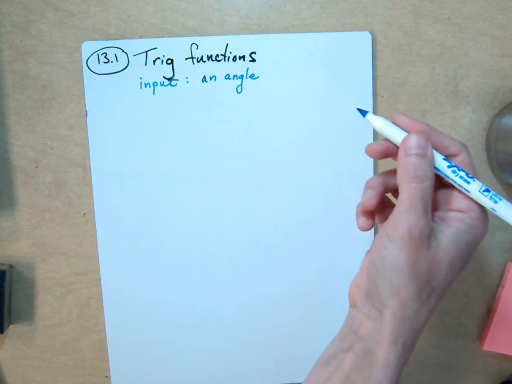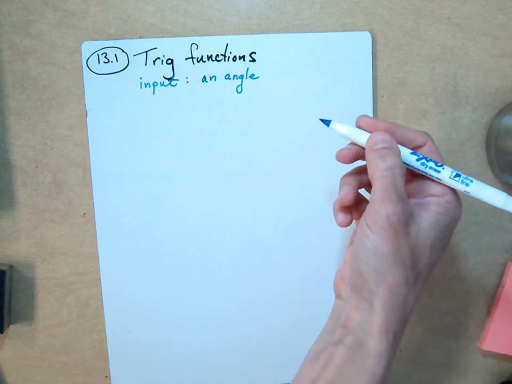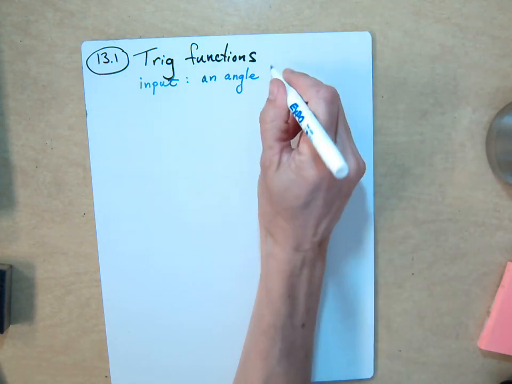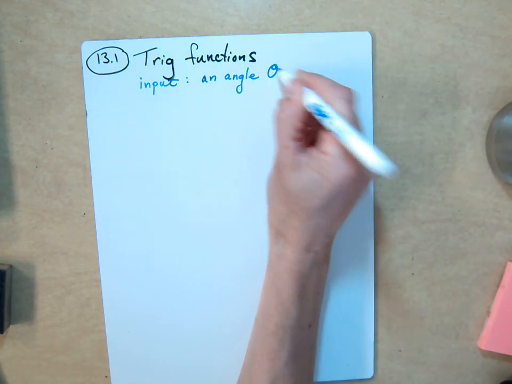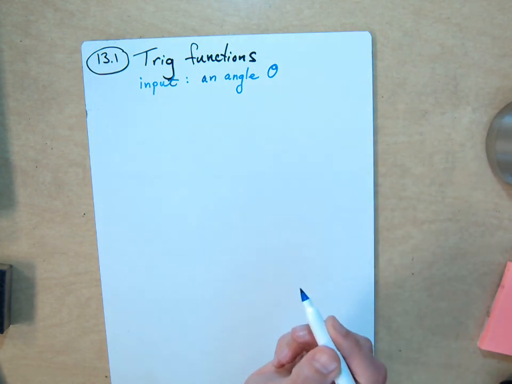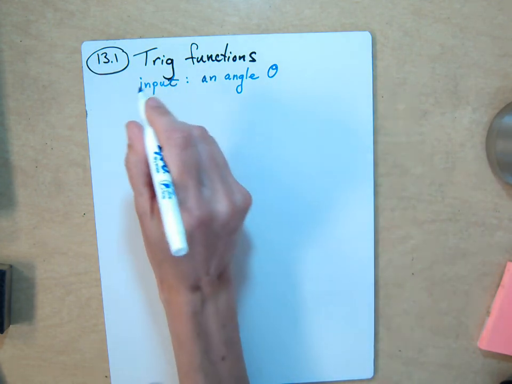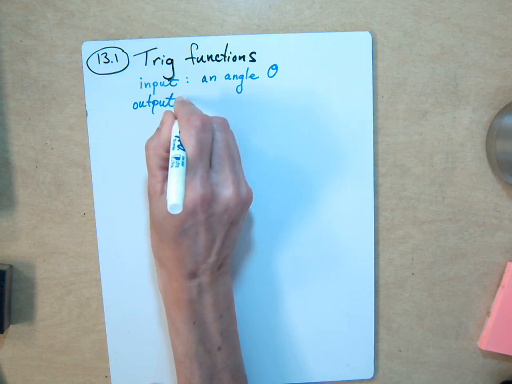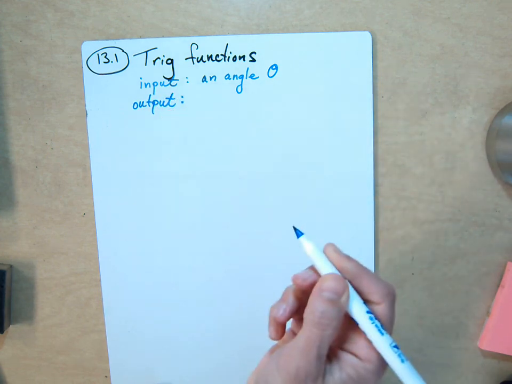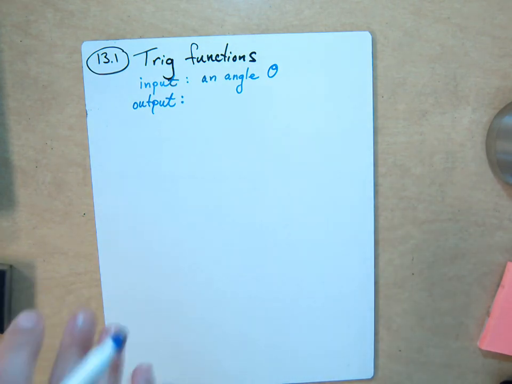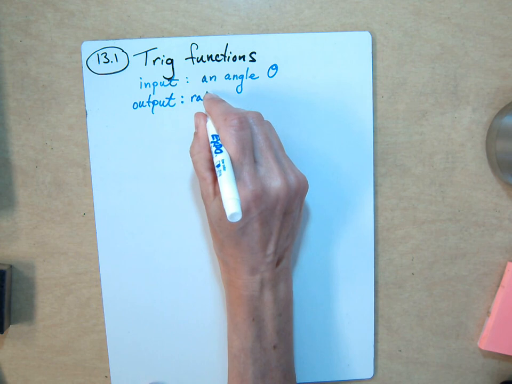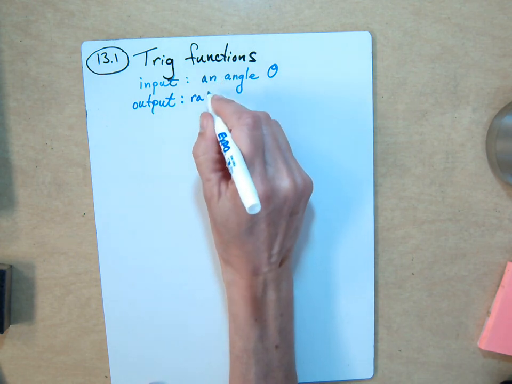So you say sine of 30 degrees or cosine of 80 degrees. The input is an angle, and you're going to see this theta symbol a lot for angle. And then the output, what comes out when you give it the sine, tangent, whatever of an angle, is the ratio of two side lengths of a right triangle.